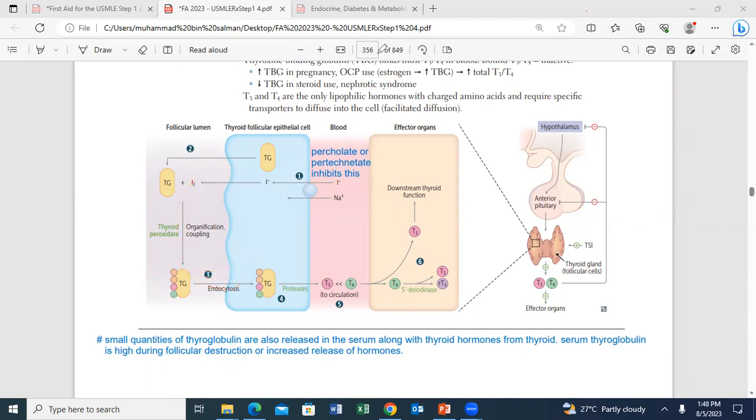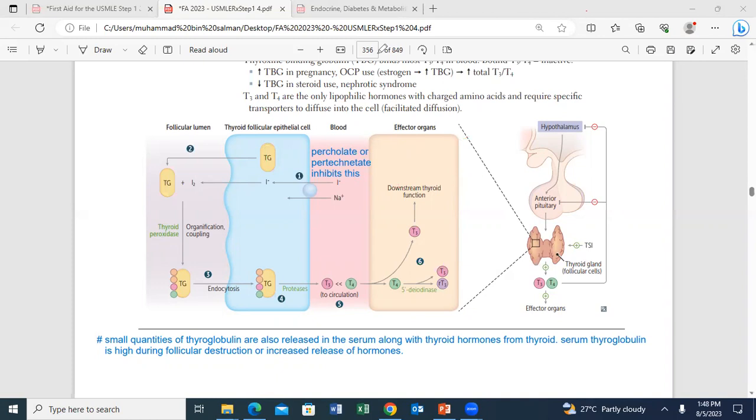So we give the patient a lot of KI, or potassium iodide, so that the absorption of potassium iodide may competitively inhibit the absorption of radioactive iodine. So this is the first advantage of giving potassium iodide when there is exposure to radioactive iodine.